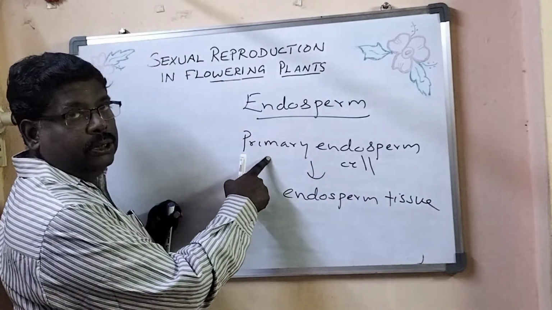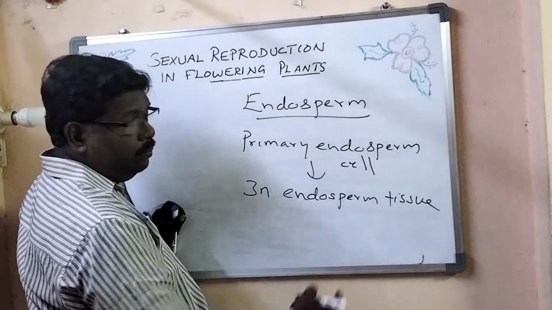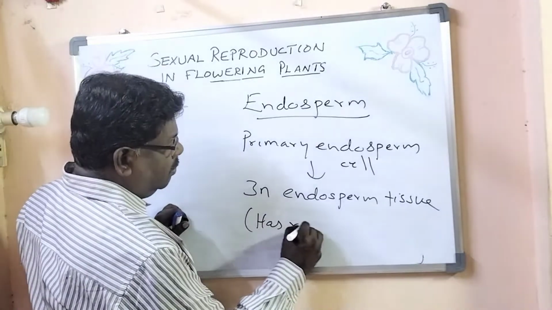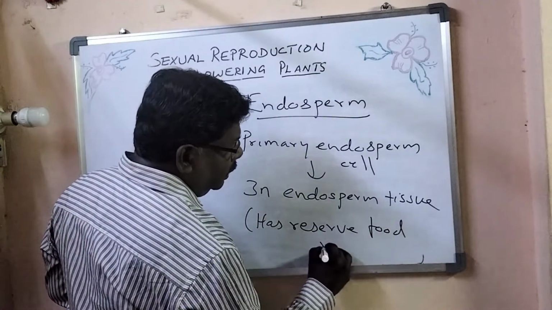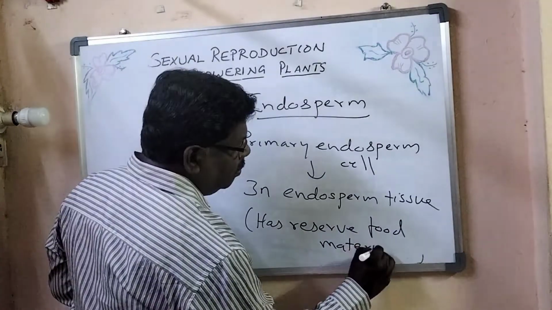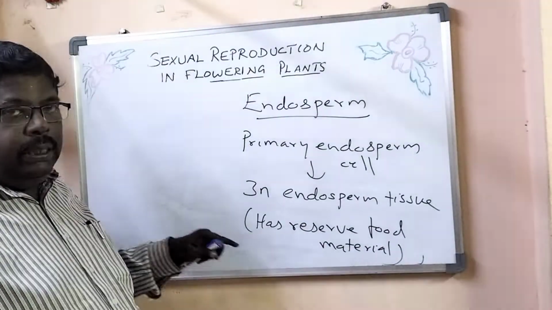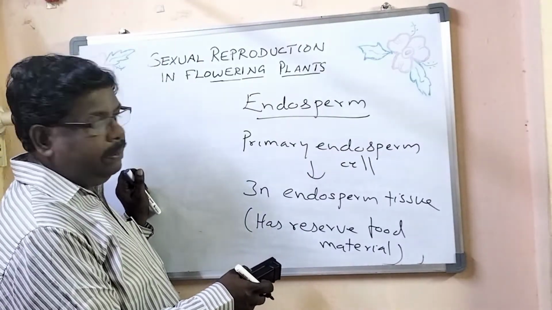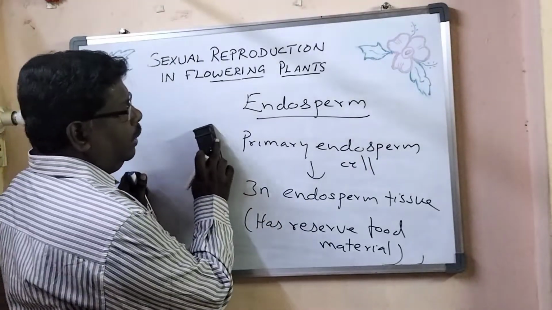The primary endosperm cell divides and gives rise to triploid endosperm tissue. Okay, and it has reserve food material. So it is rich in reserve food material, because it has to provide nourishment to the developing embryo. This is having the food content.